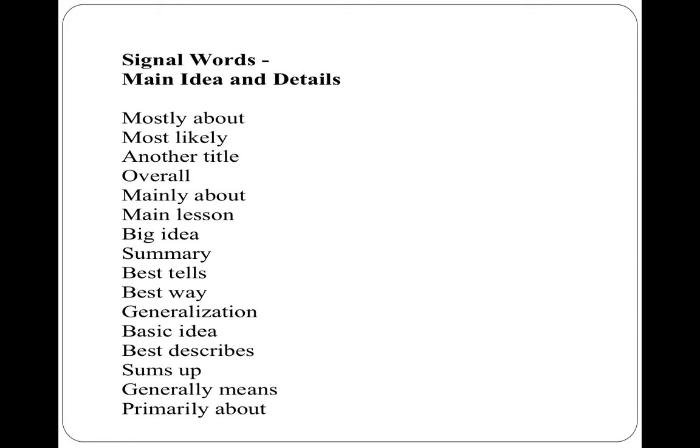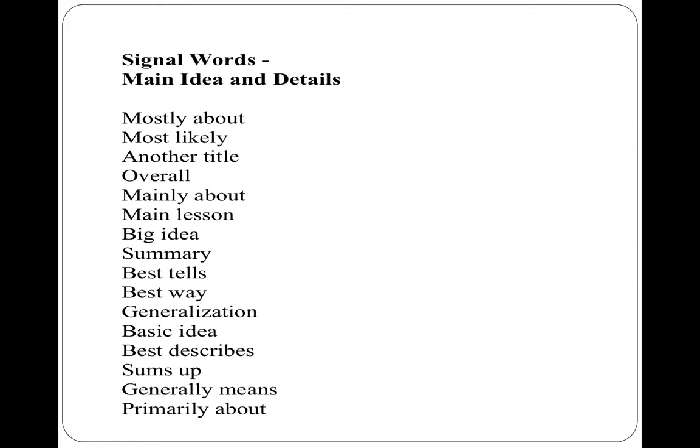So let's look at some signal words. And these are probably words you'll want to write down or print off from the slide. And they're really important because you'll see them in the questions. Mostly about, most likely, another title, overall, mainly about, main lesson, big idea, summary, best tells, best way, generalization, and so on and so forth.